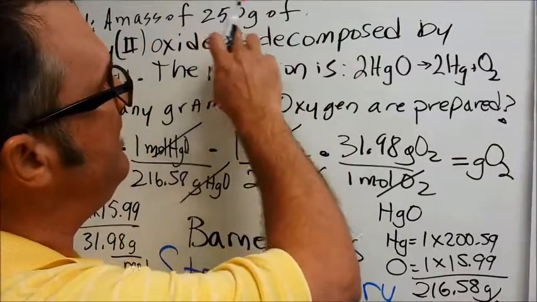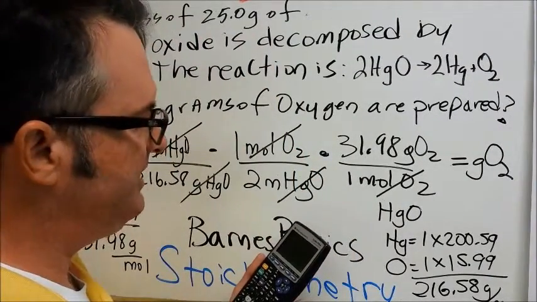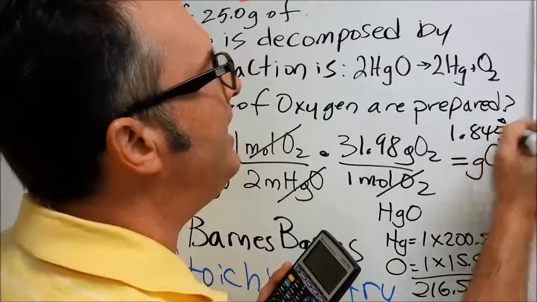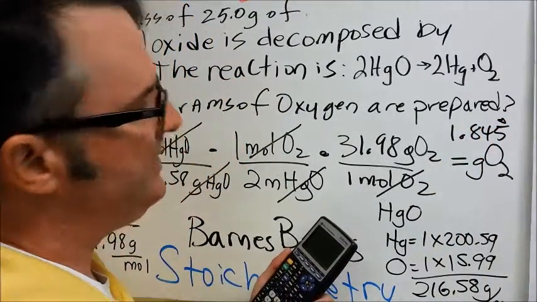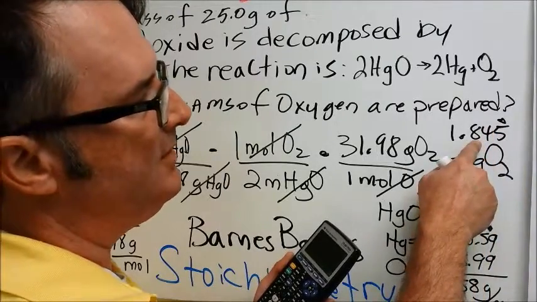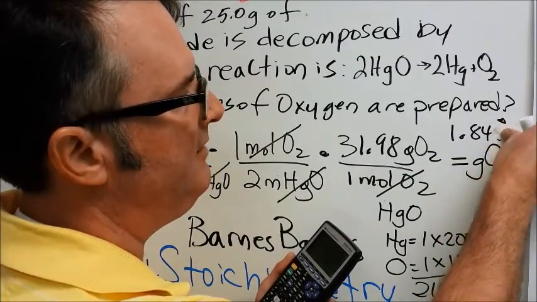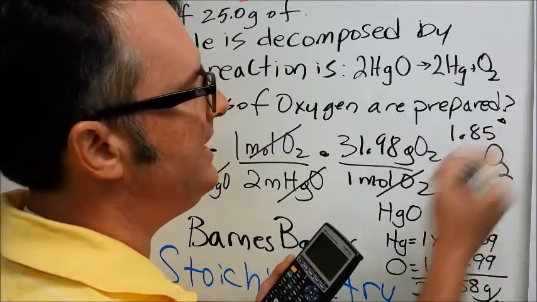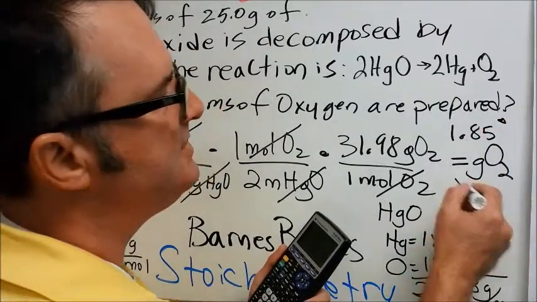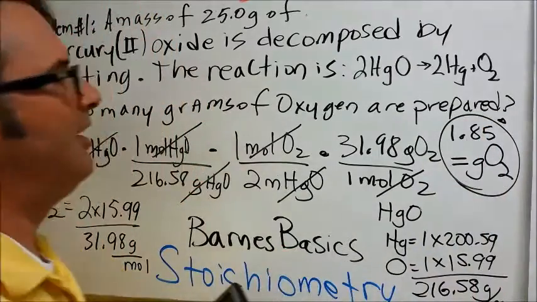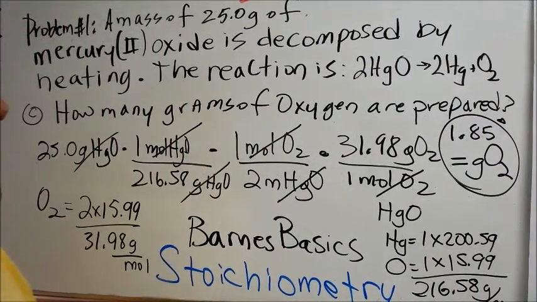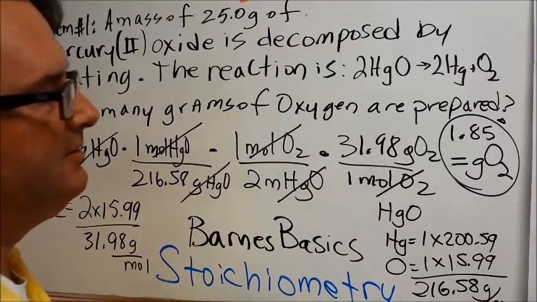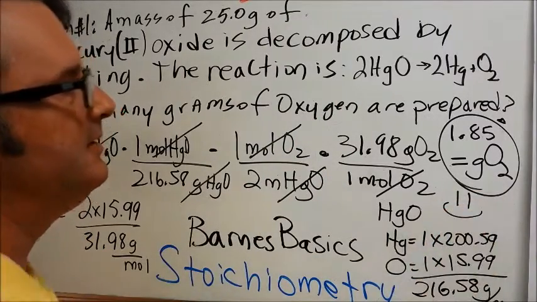Now remember, 25.0 has 3 sig figs, so if we get 1.845, we might say that the 5 rounds this 4 up to a 5. That might work. So let's report it as 1.85 grams of oxygen that are prepared when 25 grams of mercury oxide are decomposed. Very good.